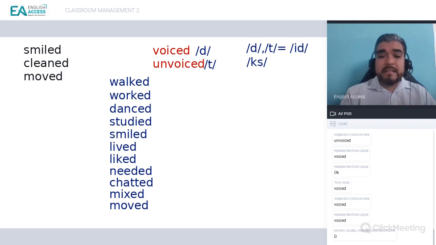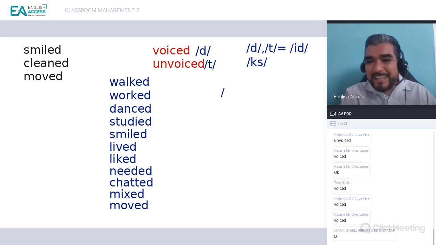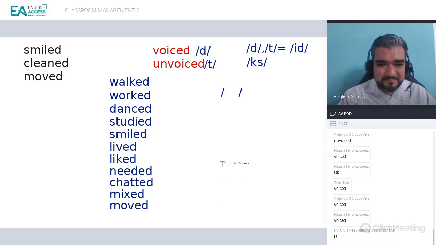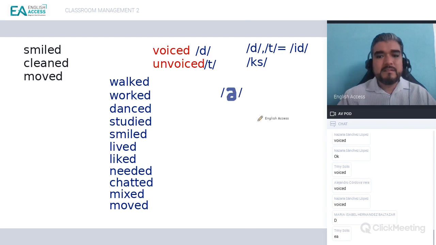So this is one use I give to the phonemic symbols. Another use that I give to the phonemic symbols is the use with the schwa symbol. Do you identify the schwa symbol? There is no key on the board for the schwa symbol, so I'm going to try to draw it. That is the schwa symbol.